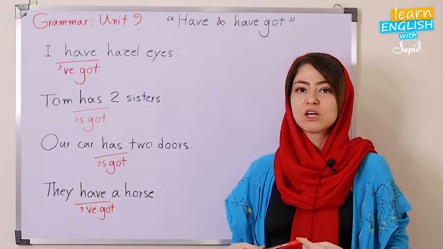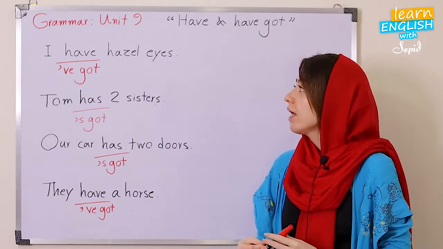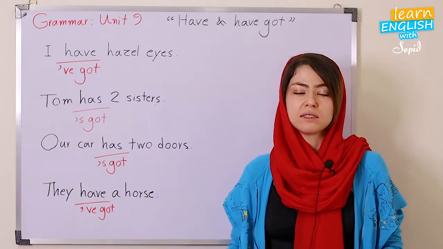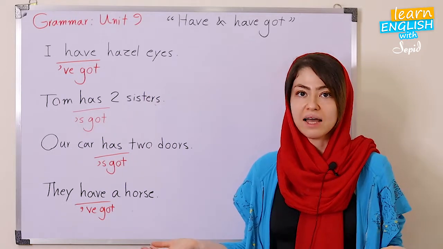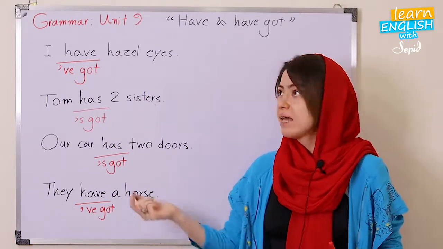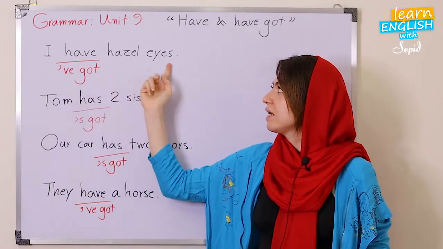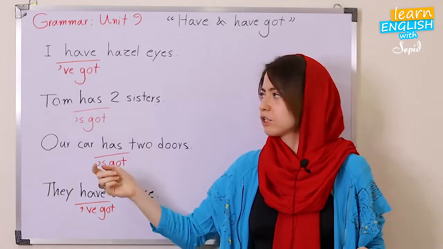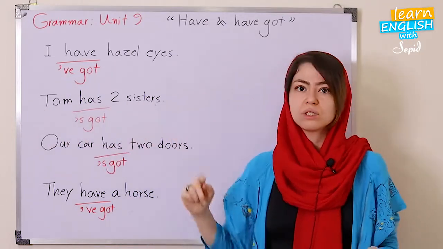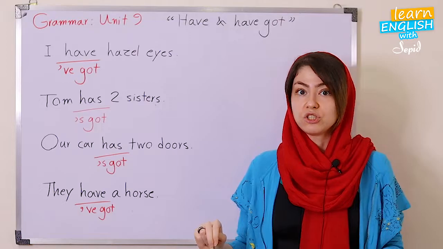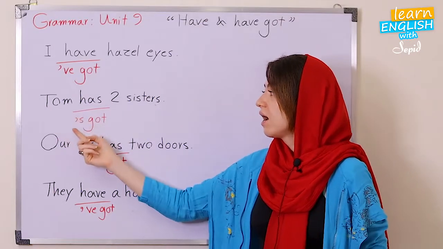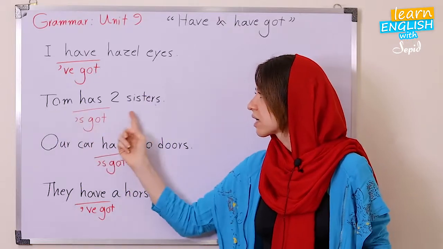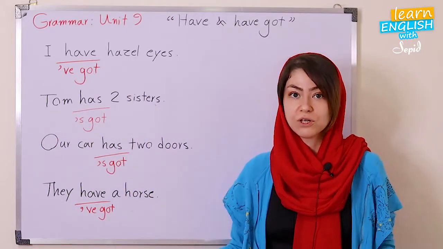Now, let's go to the examples. I have hazel eyes. So I'm talking about my eyes. Now, I can also say, I've got hazel eyes. There's no difference, only I've got is British. Tom has two sisters. Or Tom has got, Tom's got two sisters.